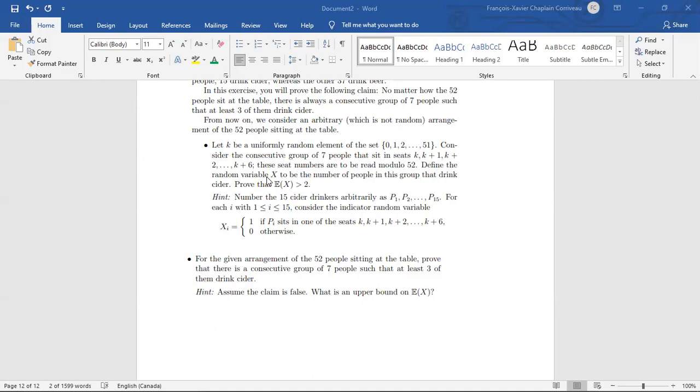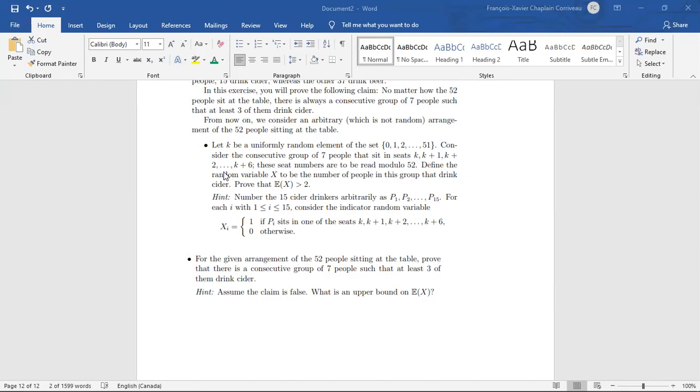Define the random variable x to be the number of people in this group that drink cider. Prove that the expected value of x is greater than 2. That's it. Hint: number the 15 cider drinkers arbitrarily as P1, P2, up to P15.